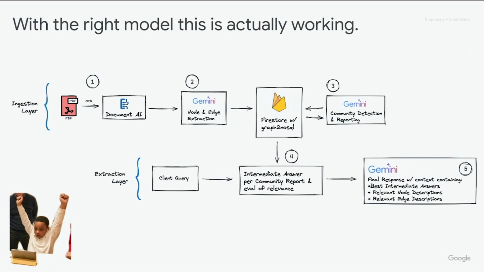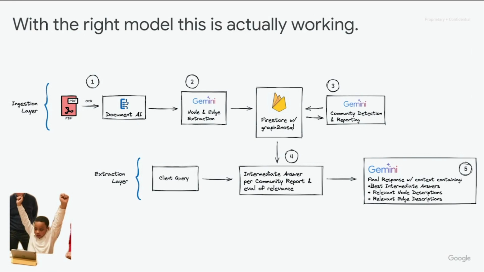Every community report is matched with the client query, producing an intermediate answer and a relevance score. And we do the reduce step by ordering these relevance scores and using the most relevant communities and nodes respectively to generate a final response. Right? Yeah, that's pretty much the result.